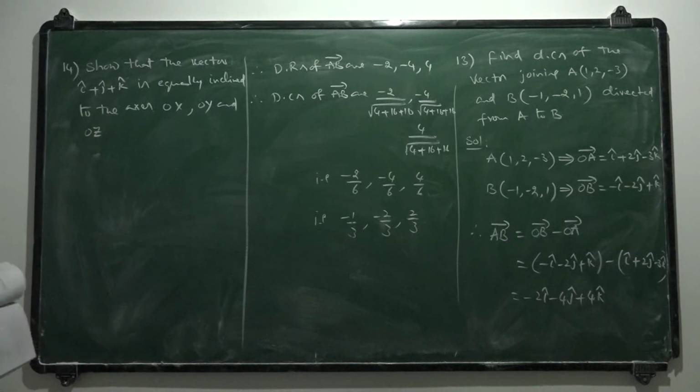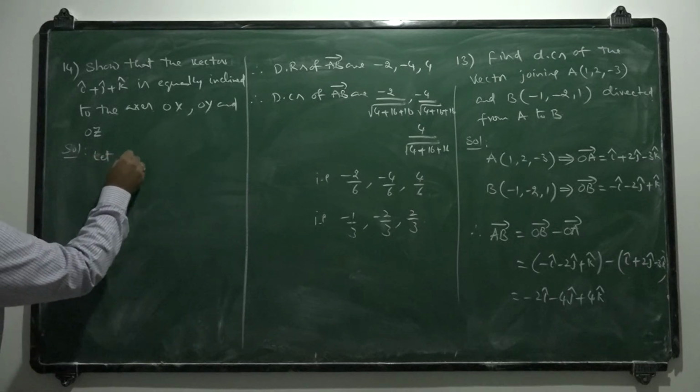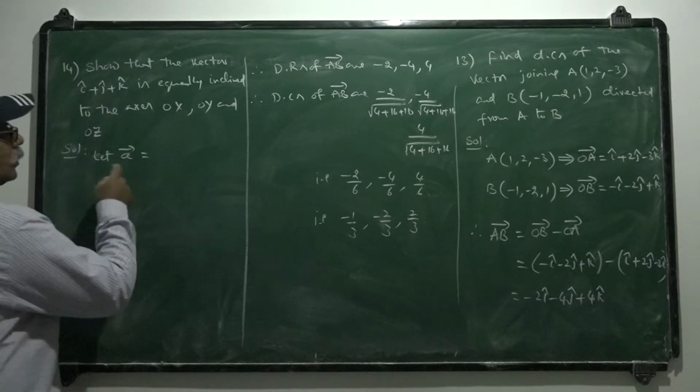Show that the given vector is equally inclined with the positive direction of the coordinate axis. So for that, find the direction cosines of the vector.